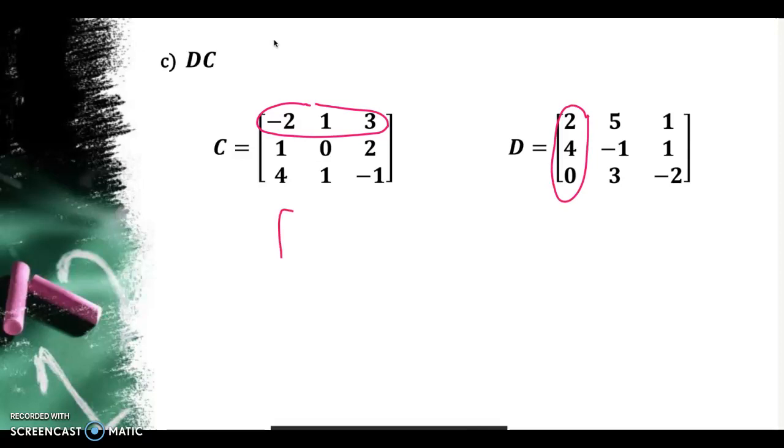That entry will be -2 times 2 plus 1 times 4 plus 3 times 0. So what do we end up getting for this first entry? We end up getting 5, which is different than when we did matrix C times matrix D.